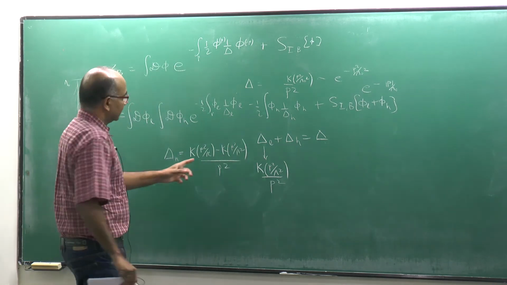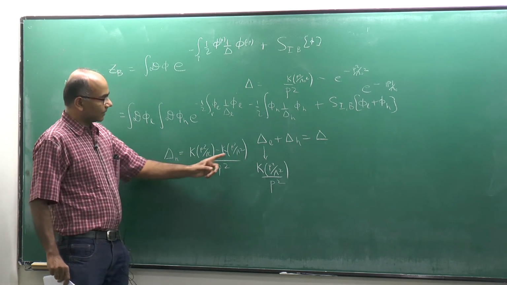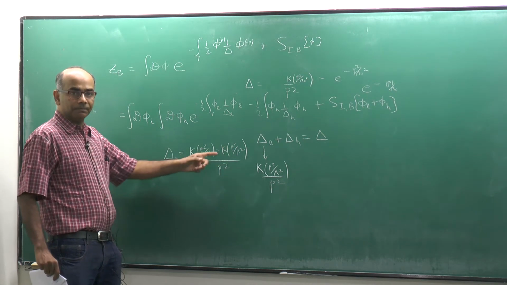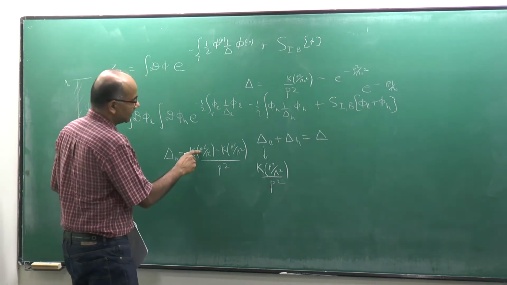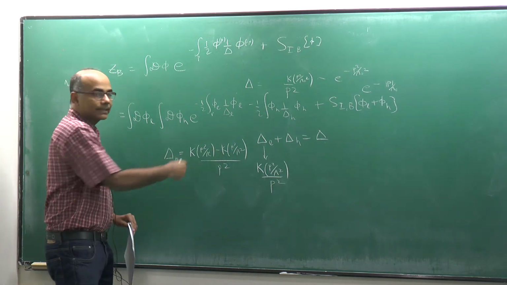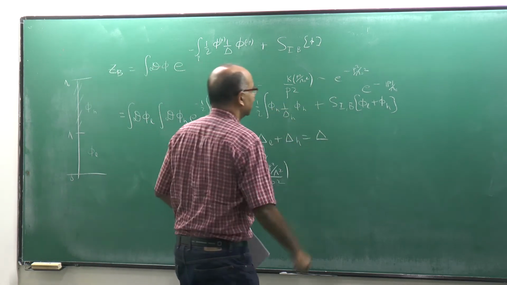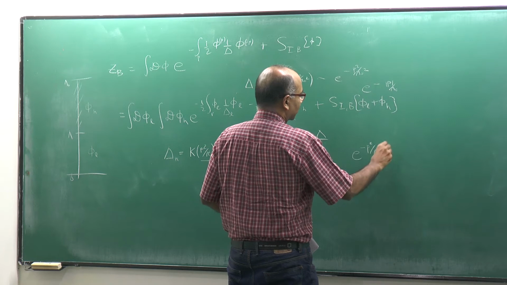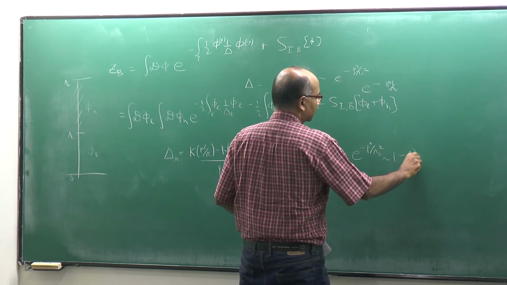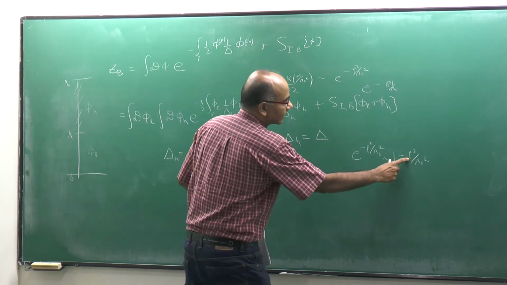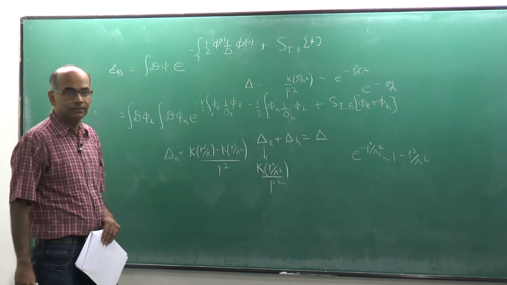Clearly, in the limit that p becomes very small compared to lambda naught, both arguments go to 0, so there will be a cancellation. You can put that explicitly. For small p squared over lambda naught squared, the 1 cancels, and then you get a term proportional to p squared.